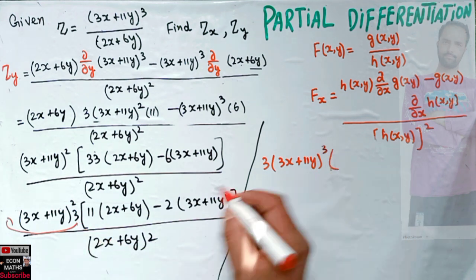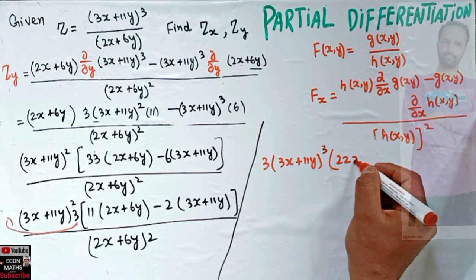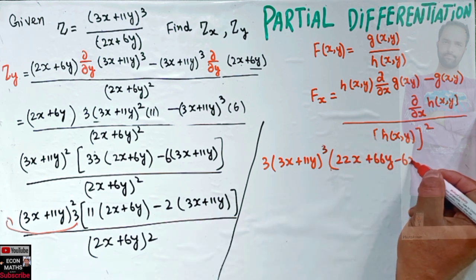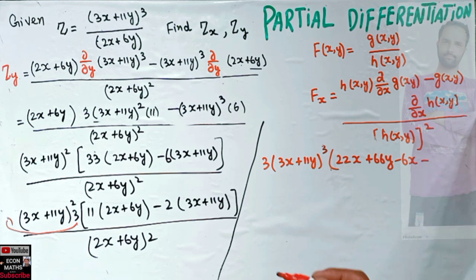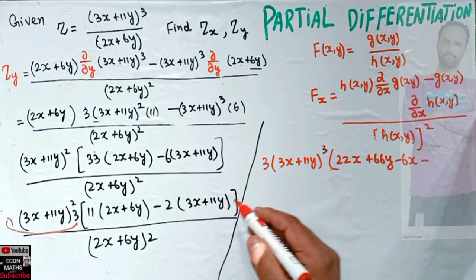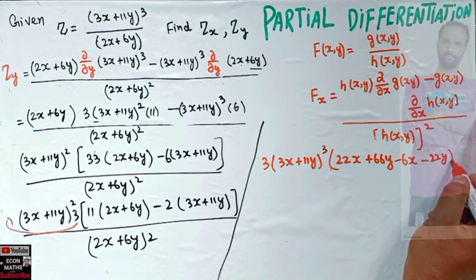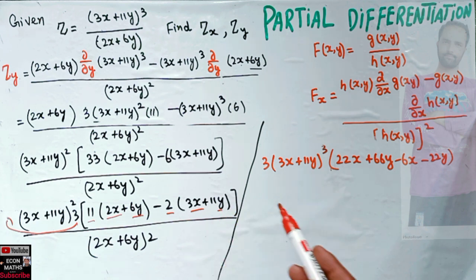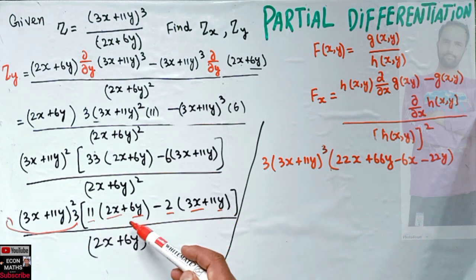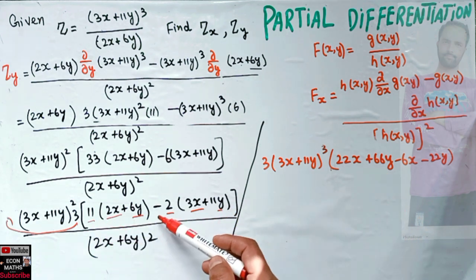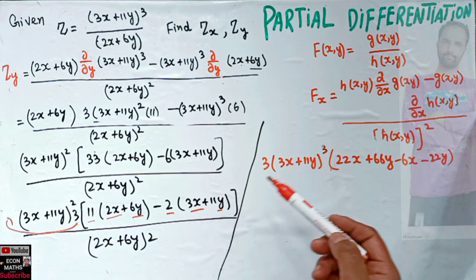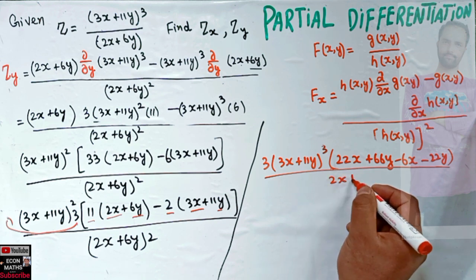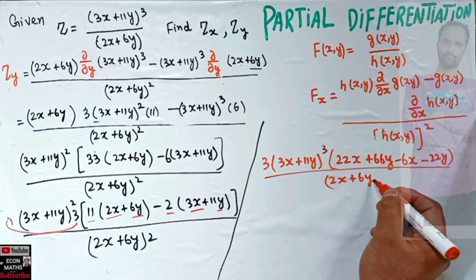Now 11 twos are 22, so 22x plus 66y minus 6x minus 22y. I have just multiplied this 11 to each of these terms and this 2 to each of these terms. So 11 twos are 22, 11 sixes are 66, 2 threes are 6, 2 elevens are 22, whole divided by this (2x + 6y) square.